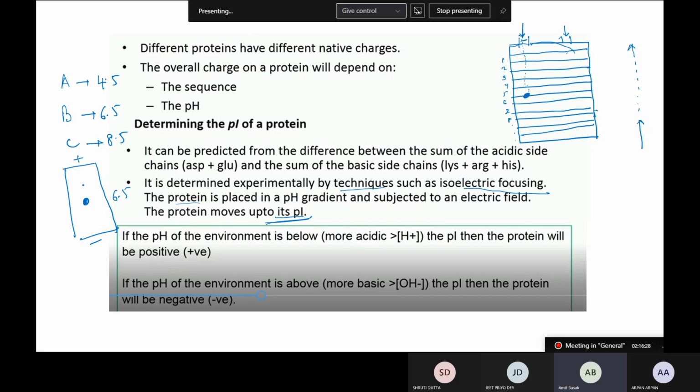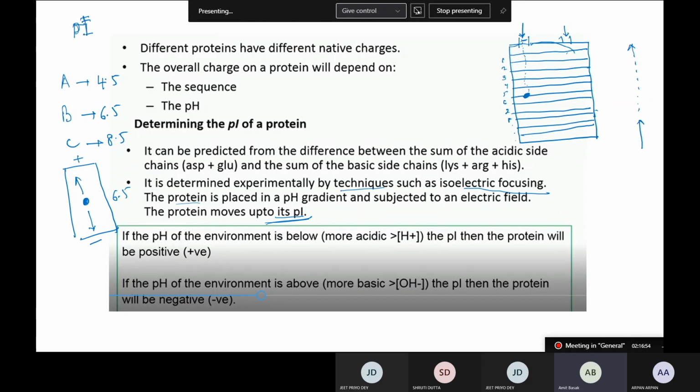Now the question is which direction A will move and which direction C will move. Can anybody tell? You have to have the very basics: the isoelectric point, pI.